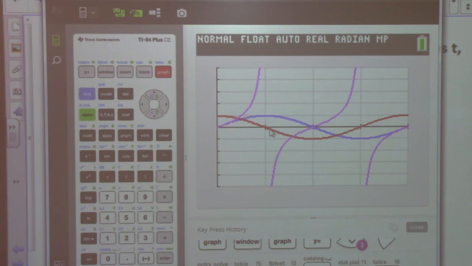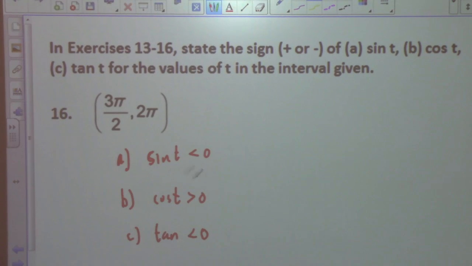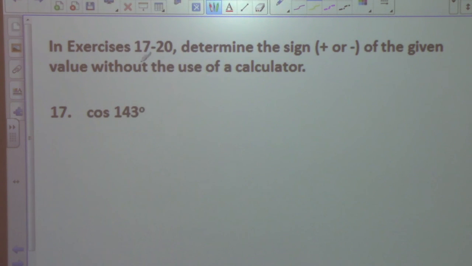And likewise for quadrants 2, 3, and 4. So it's just what the numbers are doing of those functions, sine, cosine, and tangent, over this interval. That's all that is. Yeah, but it's a new thing. I know it can be something.